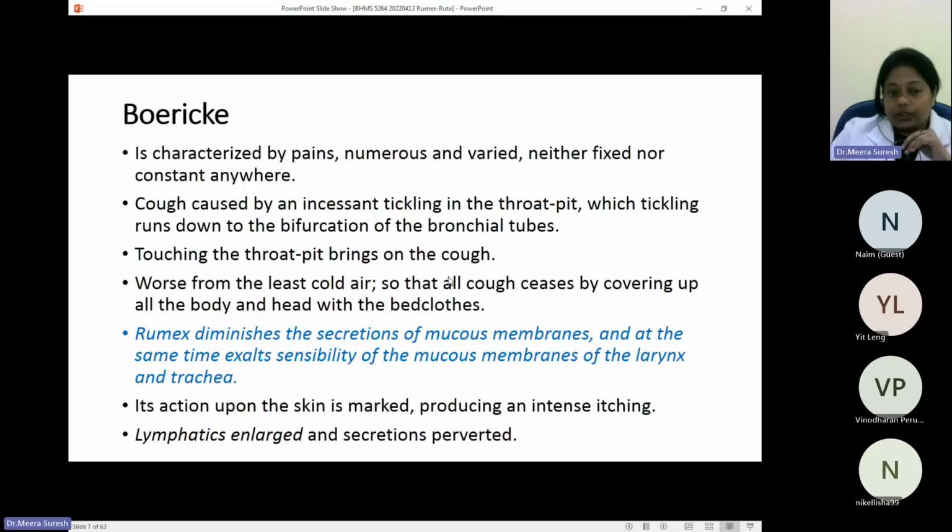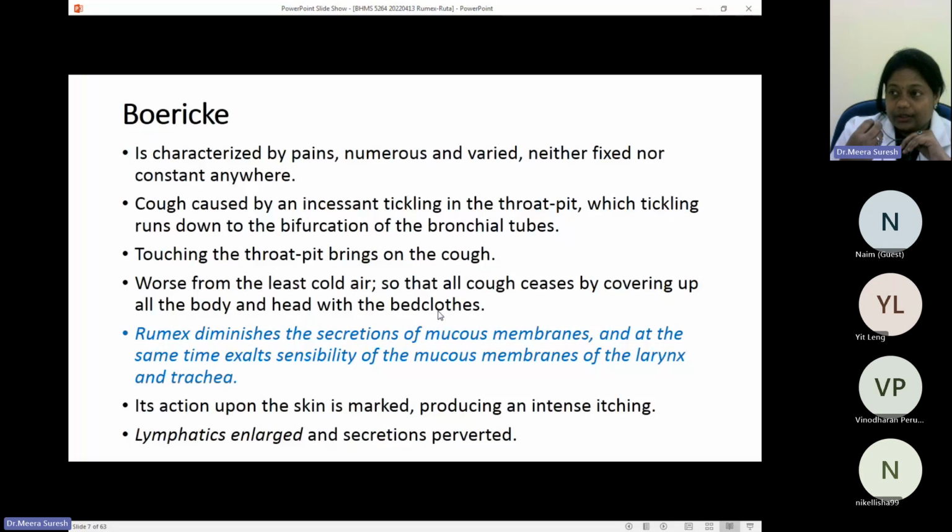Touching the throat pit brings on the cough, worse from the least cold air, and it ceases when you cover up the whole body and head with the bedclothes. And even in Clarke, I think it has been told that if the person puts the bedclothes into the mouth, that will ameliorate the complaint.